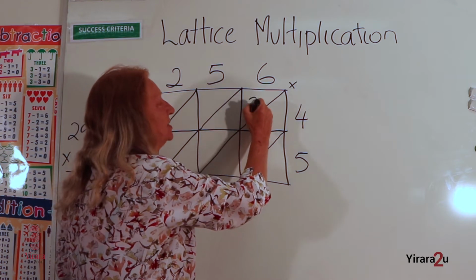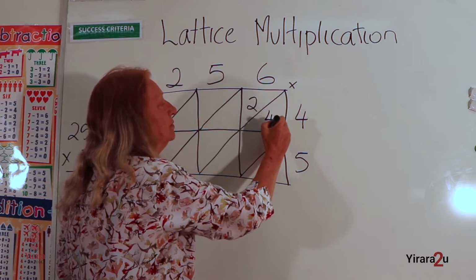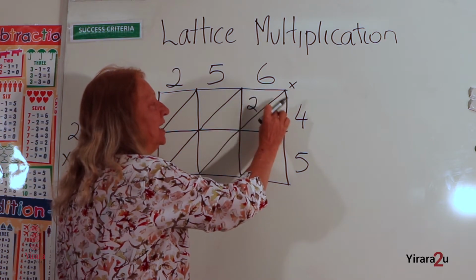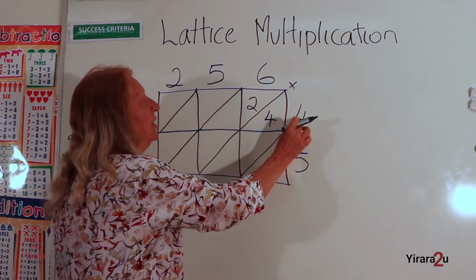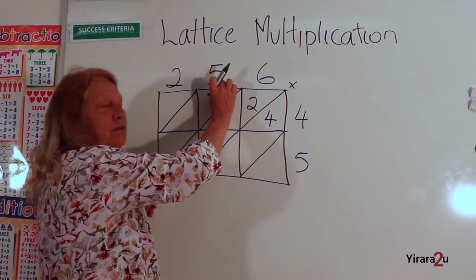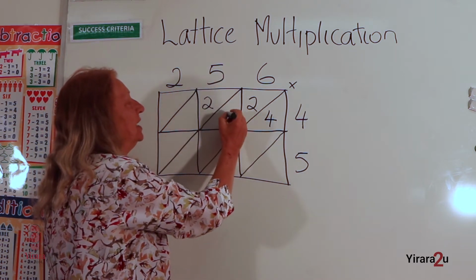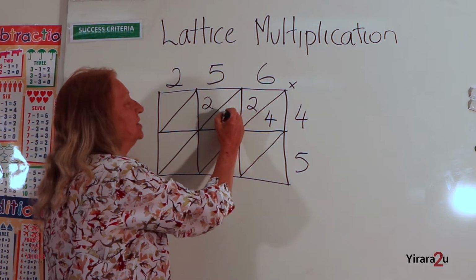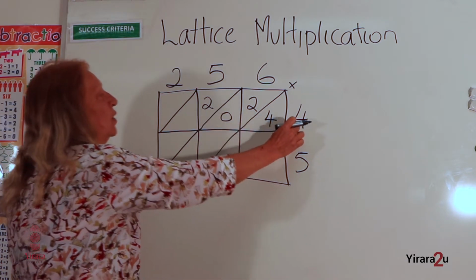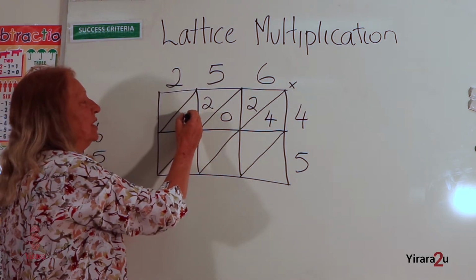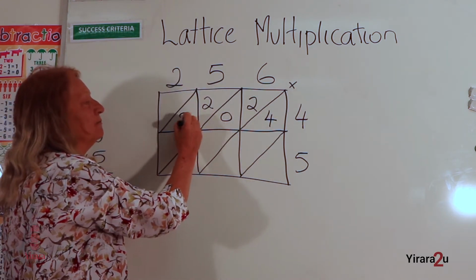Well, that's 24. So I'm putting the 10s up the top and the 1s down here. There we are, 24. 4 times 5, that's 20. So the 10s go up there and the 1s go down here. 4 times 2, that's an easy one, 8.